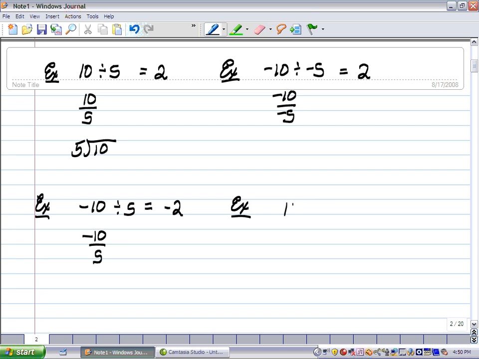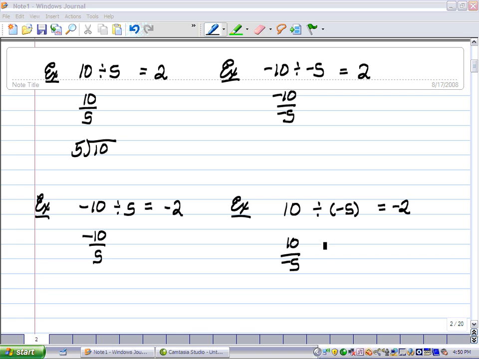Again, it doesn't matter which of the two is negative. The first one, the second one, the larger, the smaller. My answer is still going to be negative because the signs are different.